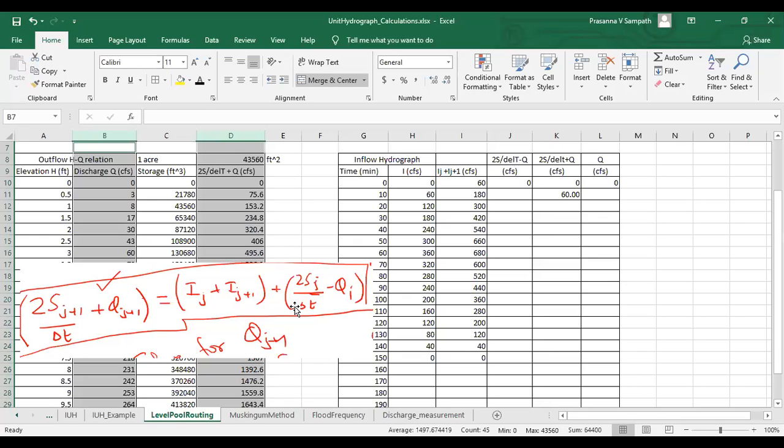But what I don't know is, if a certain inflow is coming in, it's going to impact the water level in the reservoir, which means it will impact the storage, and thereby it will impact the outflow. But I don't know how it's going to change.